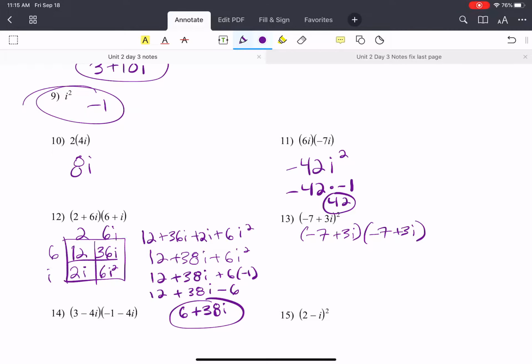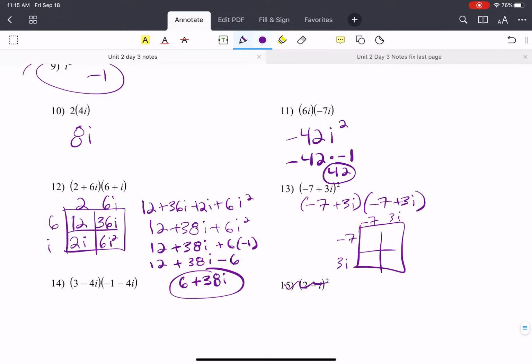Now I do a box. -7 times -7, positive 49. 2 negatives make a positive. -21i, -21i. 3i times 3i, 9i squared.